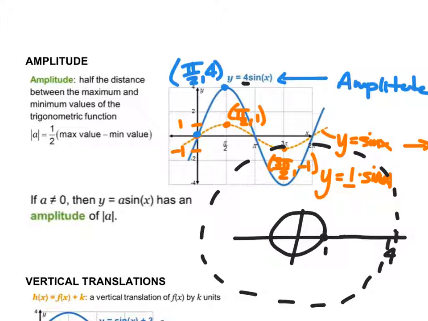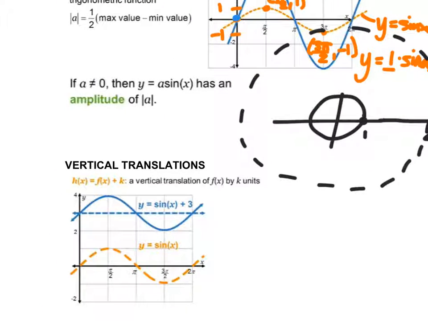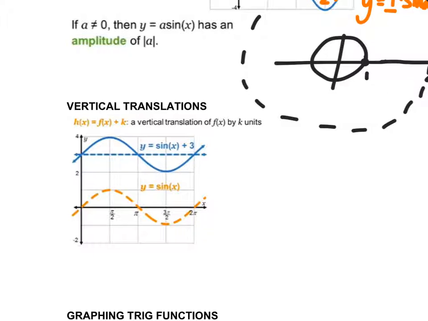All right, the next thing we have is a vertical translation. If you have the function h of x is equal to f of x plus k, that's a vertical translation of f of x by k units. So you have your general sine function, and you'd want to shift everything up 3 units.